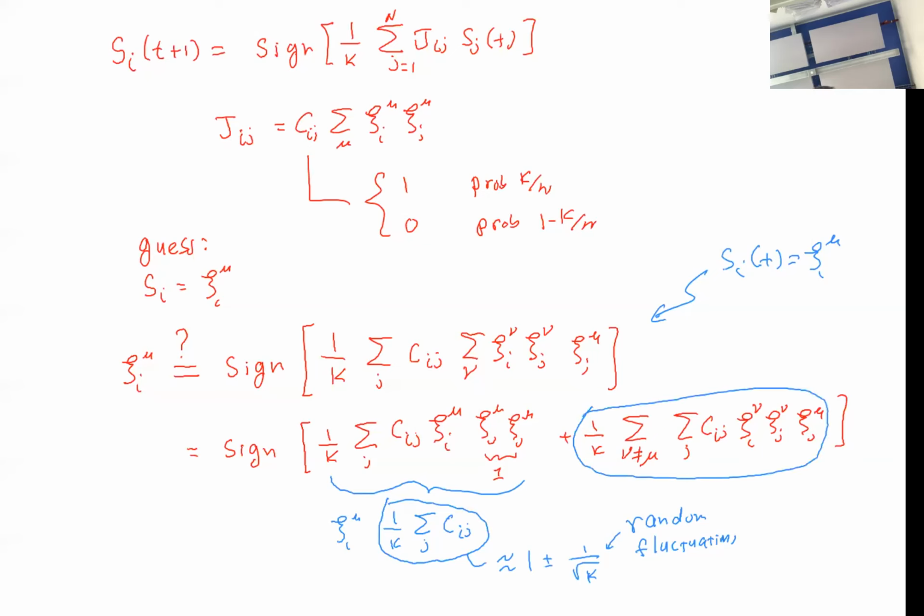For that, I'm going to go to the next page. So I have 1 over k, the sum mu not equal to nu, the sum on j, C_ij, squiggle i nu, squiggle j nu, squiggle j mu.